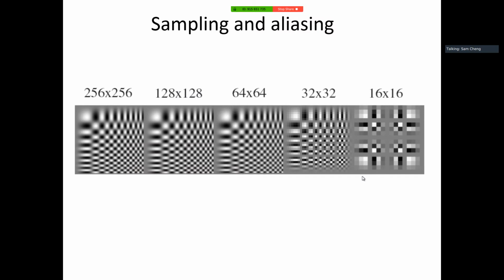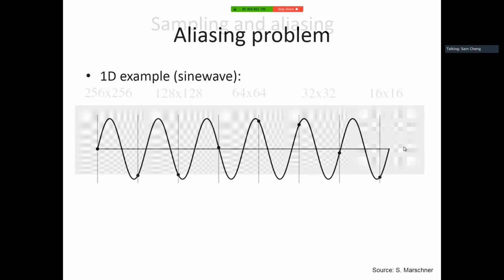This is another illustration. If I go down to 256 and continue to do 2 times downsampling multiple times, eventually you get a really weird 16 by 16 like this. Aliasing.